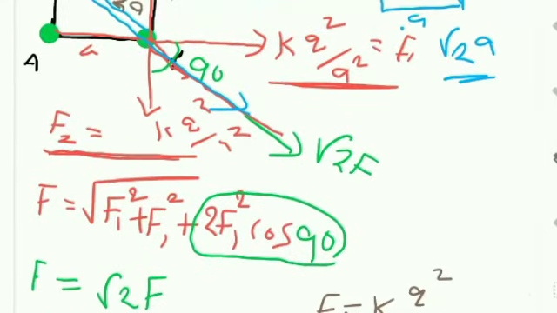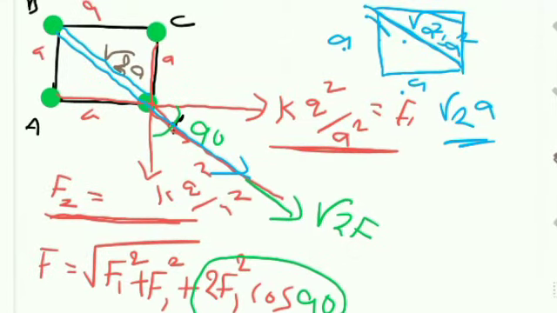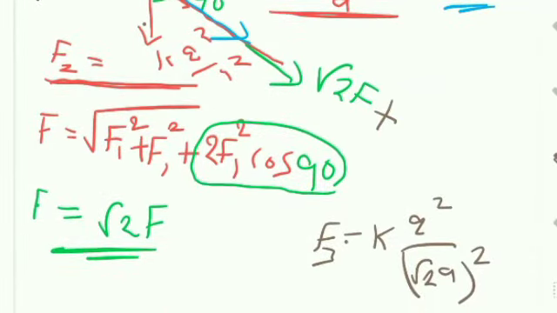Now the resultant of F1 and F2 is root 2 F, plus the force between the two charges B and D, which is F3.